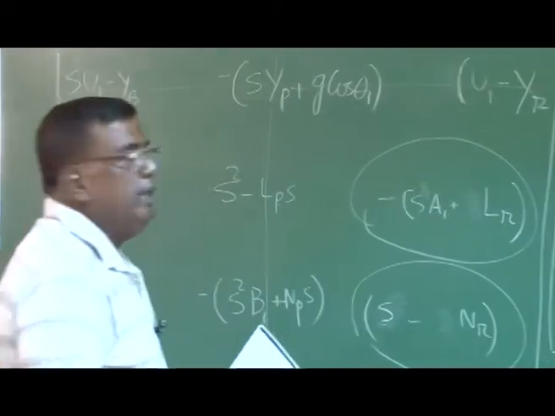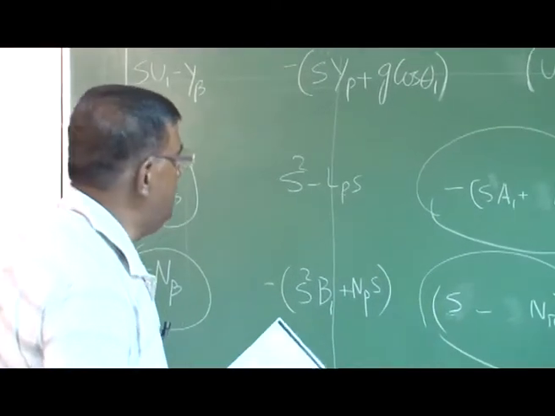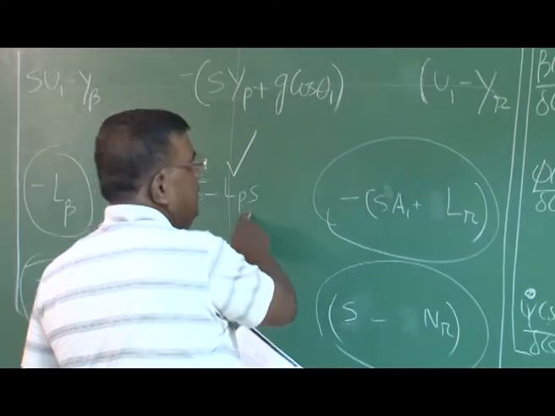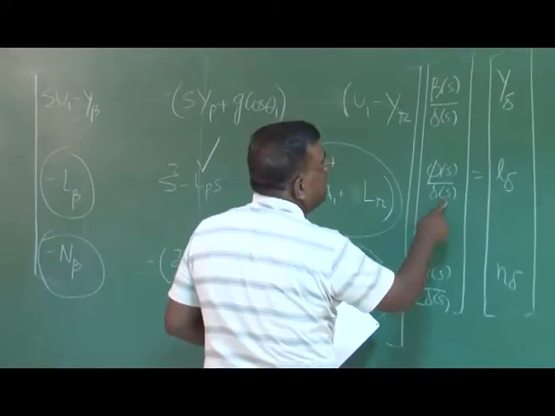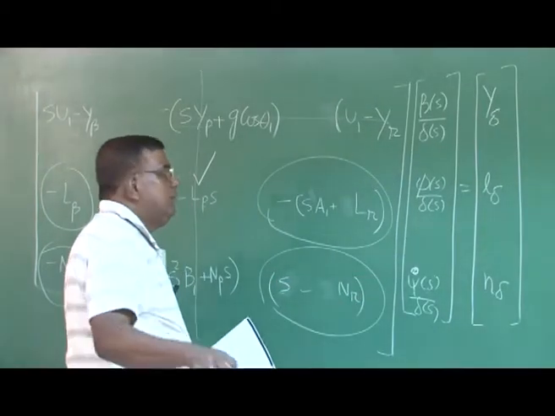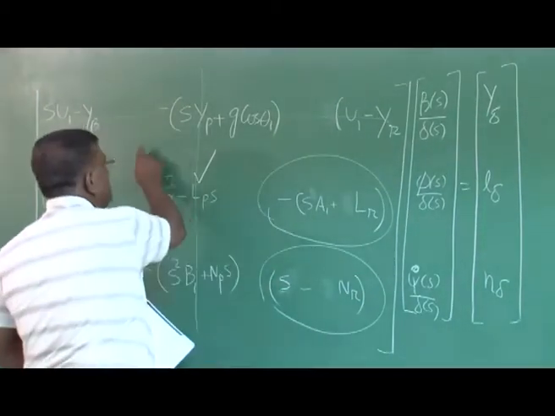If you are doing only one dimensional roll mode approximation, then you are keeping only this: S square minus LP S into phi of S by delta A of S equal to L delta A. No yaw motion, no side slip motion, so only this.